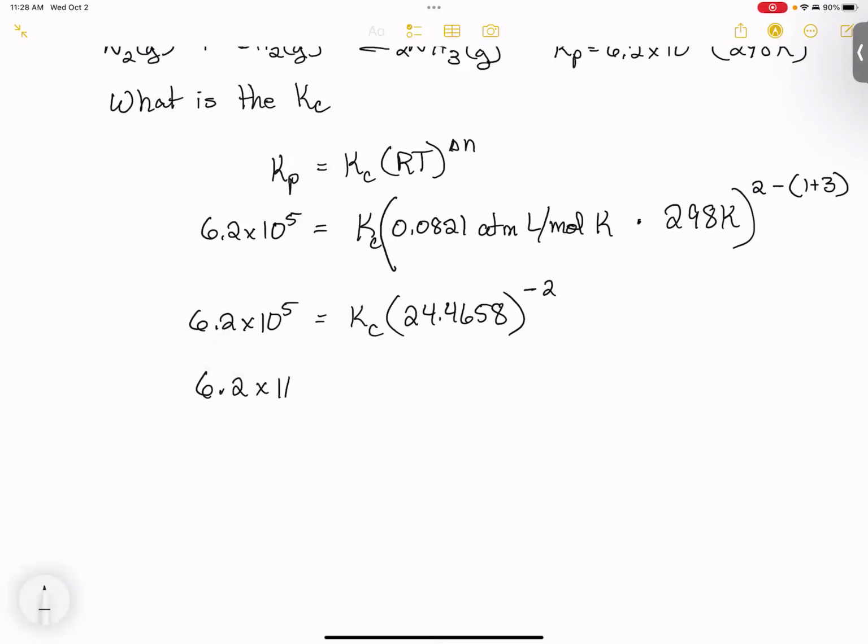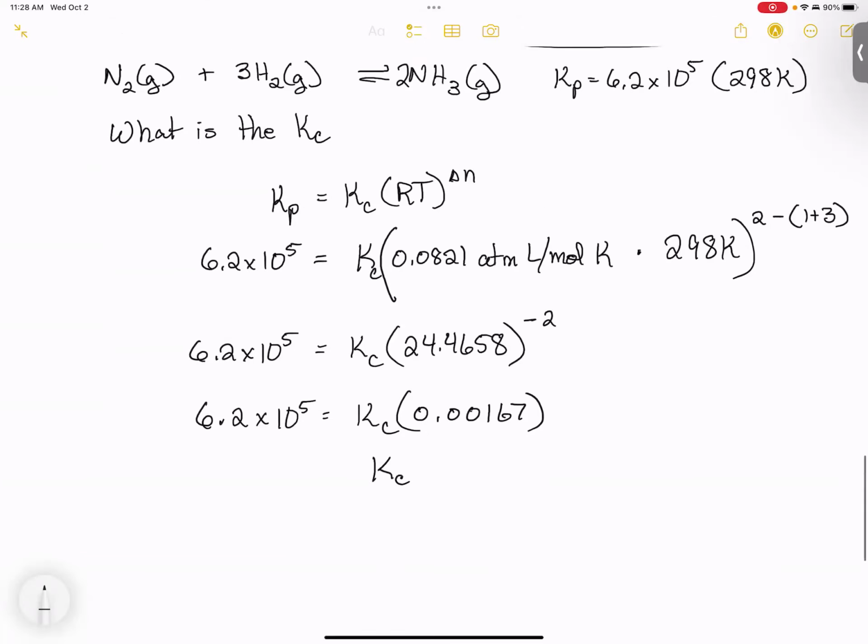So 6.2 times 10 to the fifth is equal to Kc times 0.00167. So Kc equals 3.71 times 10 to the 8.